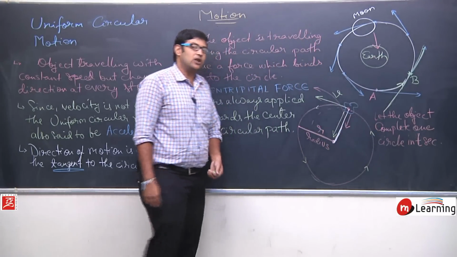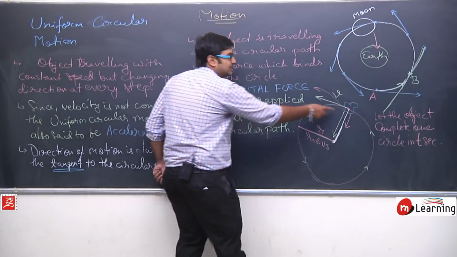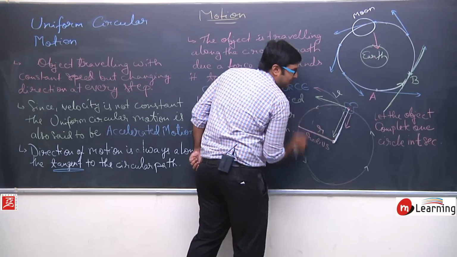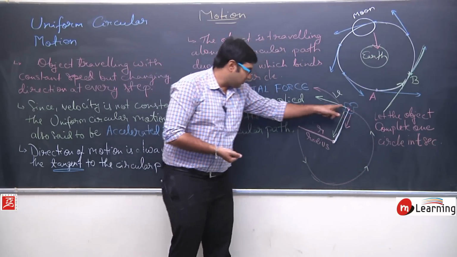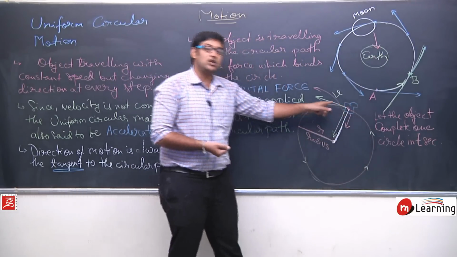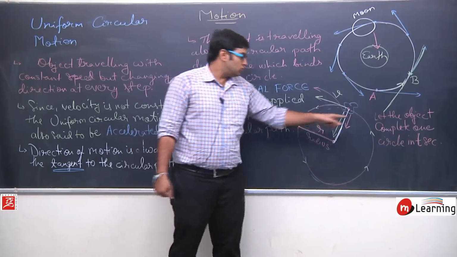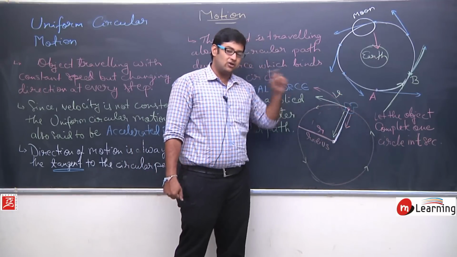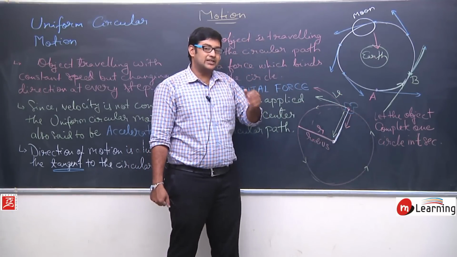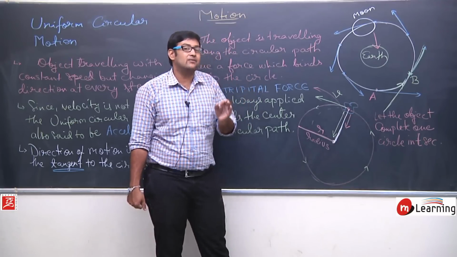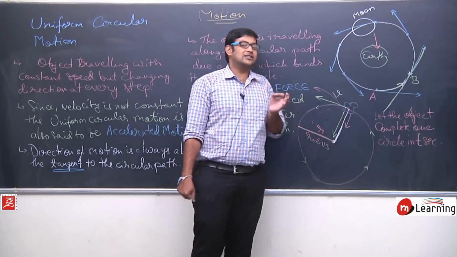So we know a formula that speed is equal to distance upon time. How much distance is this object traveling if it is moving along the circle? The object is tracing this circular path. The distance traveled by the object to complete one complete revolution is equal to the circumference of the circle. What is the circumference?